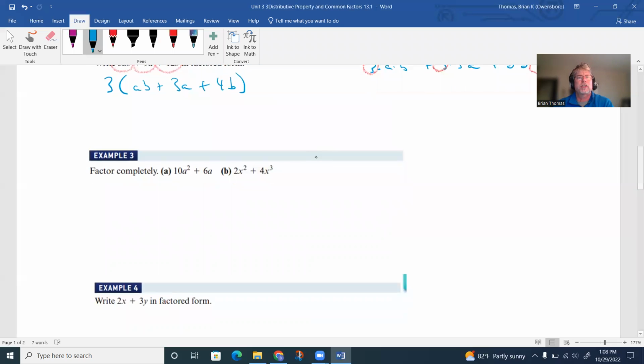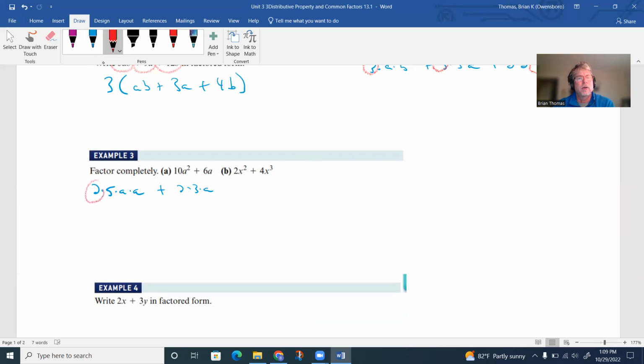So if we look at the expression 10a squared plus 6a, mentally what you're thinking of is that 10 is made up of a 2 times a 5, and there's an a, and there's this a. And then mentally you're thinking that the 6 is made up of a 2 times a 3 times an a. So mentally, what you're trying to do is find what's in common.